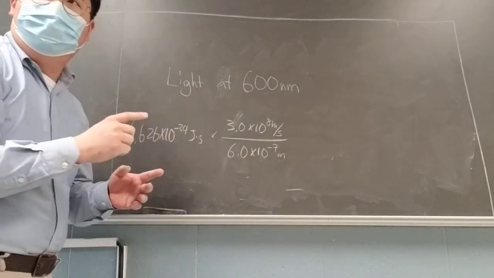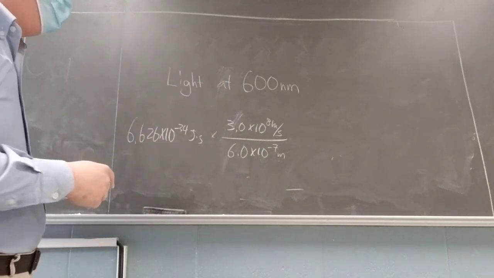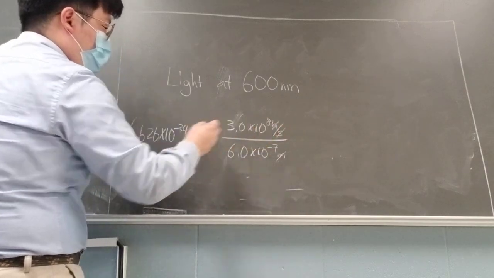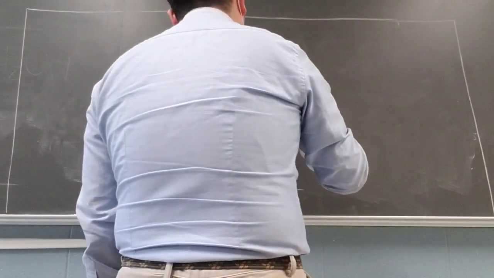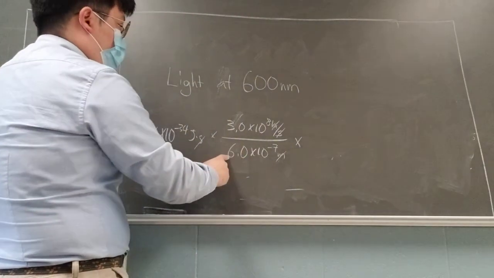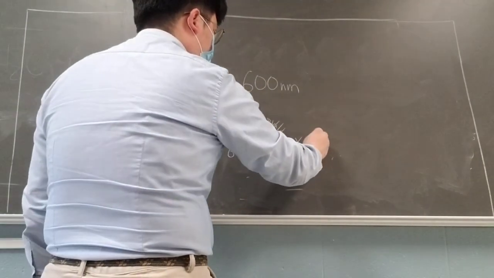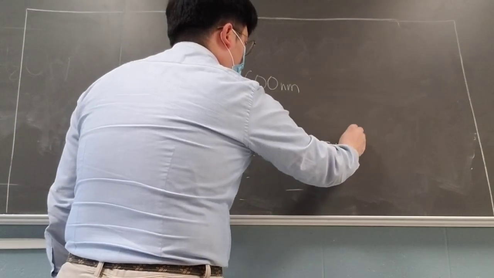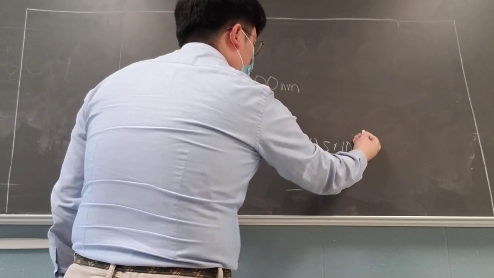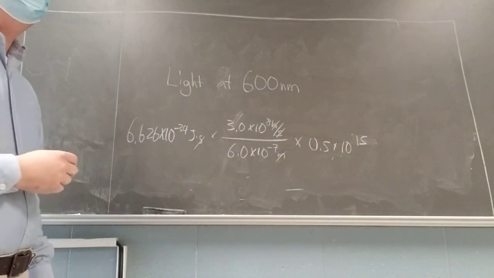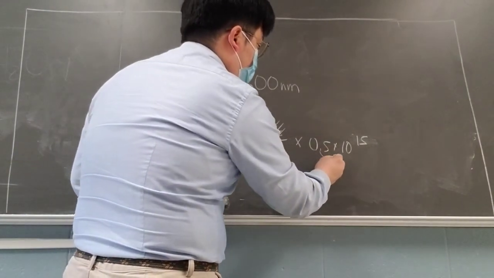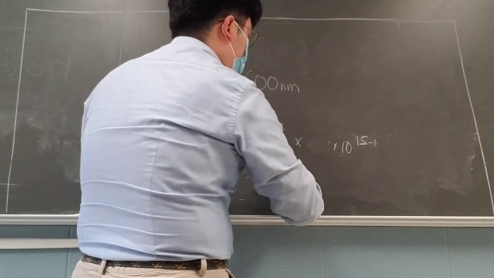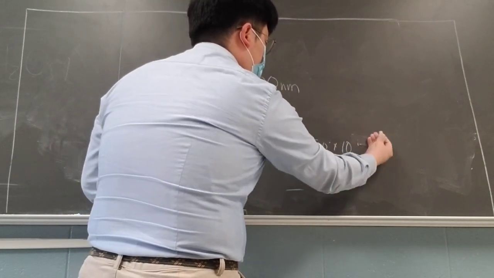Make sure you do the unit conversion, because this is in meter, so they cancel each other. So 3 over 6 is 0.5 times 10 to the 8, and 10 to the 8 minus negative 7 is 15, and I'm going to move the point, so there will be 5.0 times 10 to the 14.